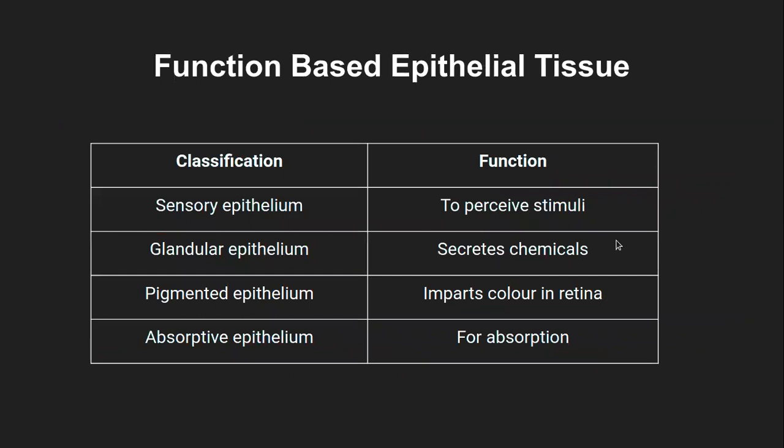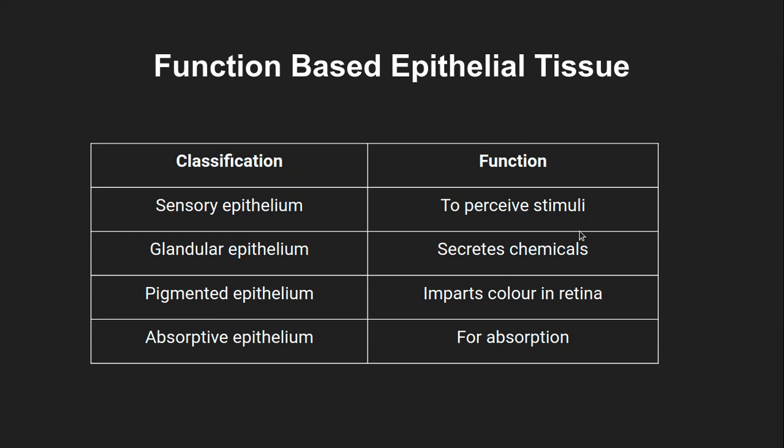Now, apart from all these different types, you can also classify epithelial tissue based on their function. For example, sensory epithelium is nothing but your stratified squamous epithelium, right? Which perceives stimuli. What can be the stimuli? A touch, for example.